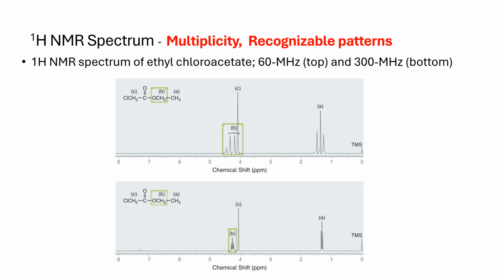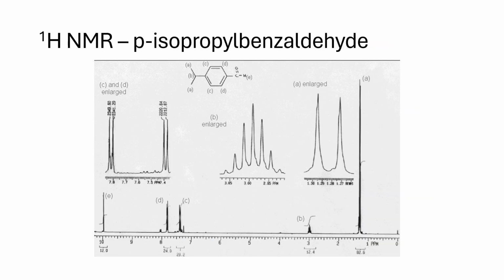So that's type C. And this is taken with 300 megahertz, and this is 60 megahertz. So what we're saying here is that simply the instrument that is not as powerful may not be able to resolve that, and so we may see signals on top of each other. Okay, so now examples going into that.